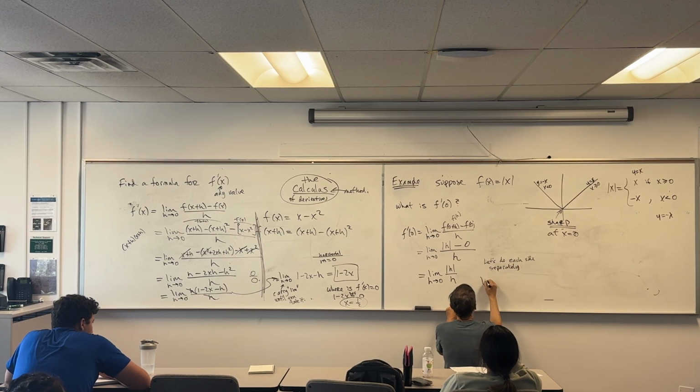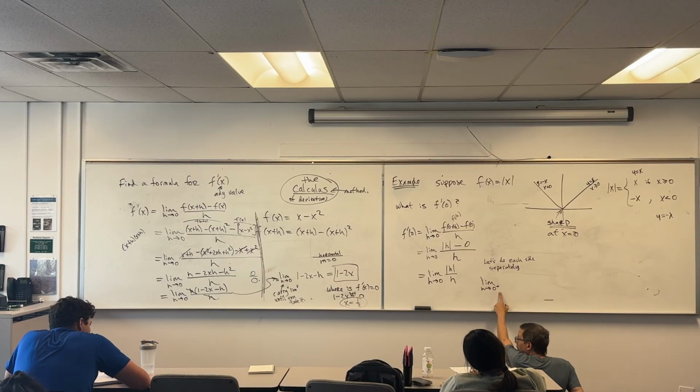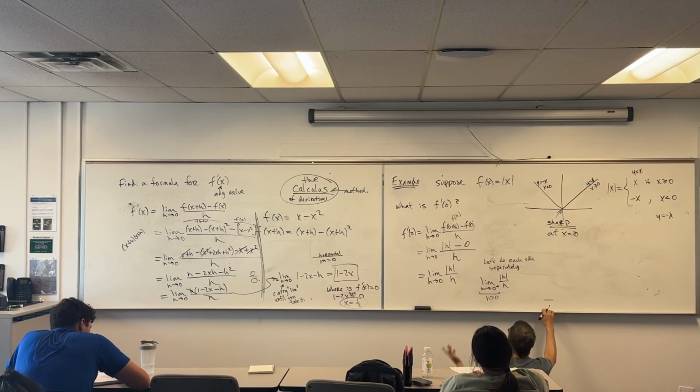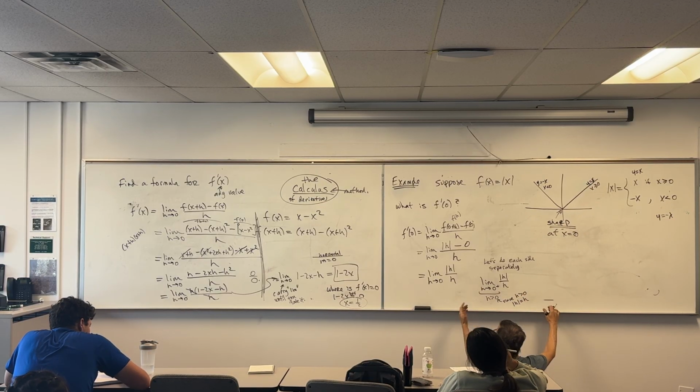So first off, the limit as h goes to 0 from the right. This is what I mean by from the sides. We've got absolute value of h over h. Notice that when I come in from the right, h is positive. So I'm going to use that top definition. Since h is positive, absolute value of h is just h. It's a positive number, just spit it back.